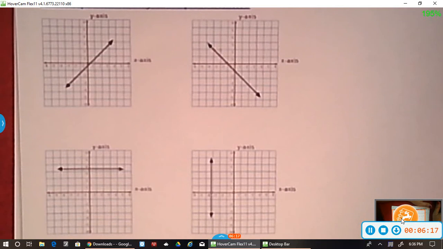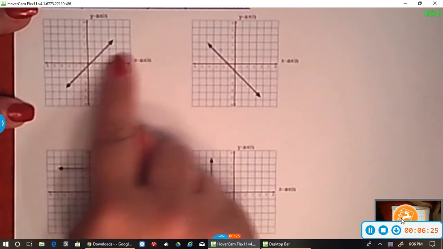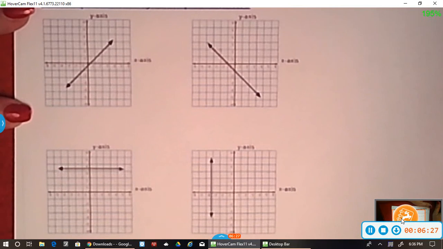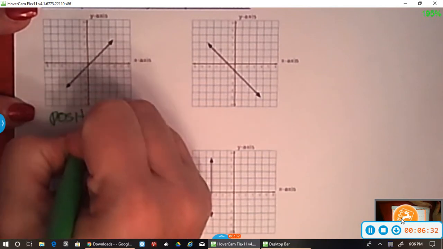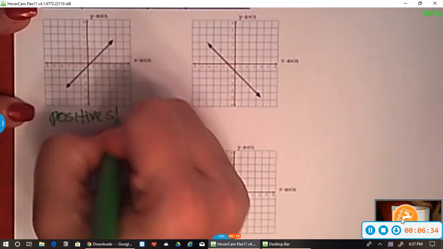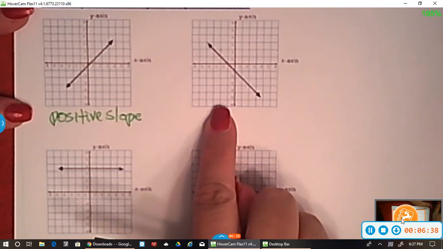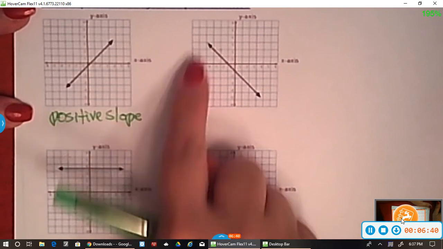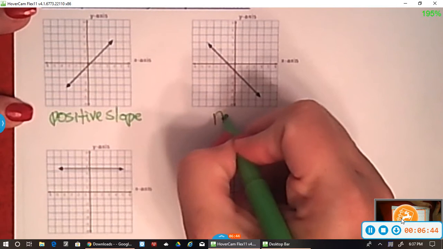And remember, we read a graph just like we read words in a book, from left to right. So if I'm looking at this graph, from left to right, it is going uphill, so it has positive slope. This next graph is going downhill from left to right, so it has negative slope.